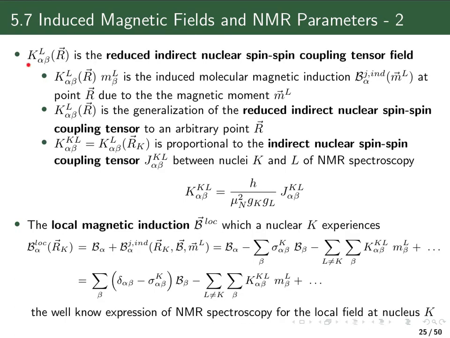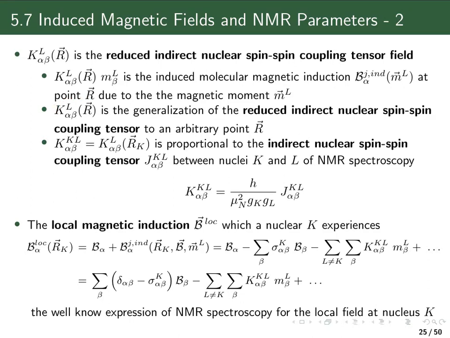Correspondingly, we have this K field here, which I call the reduced indirect nuclear spin-spin coupling tensor field. It's also a field because it is defined for every point in space. And the product of this field with the nuclear magnetic moment of a nucleus L is then the induced molecular magnetic induction at an arbitrary point in space due to the interaction with this magnetic moment of nucleus L. And again, this is the generalization.